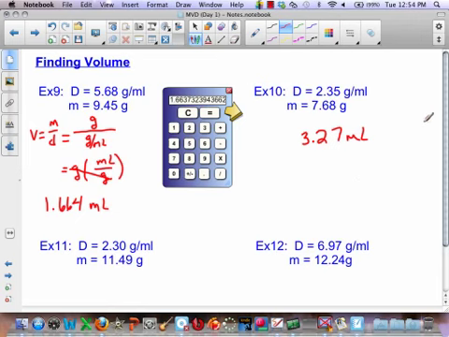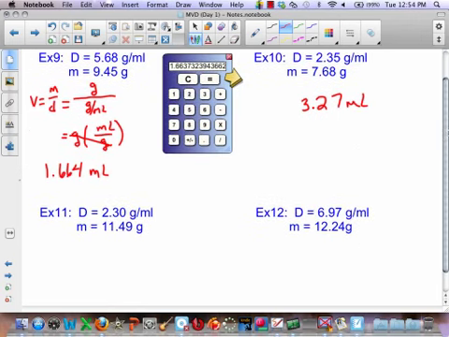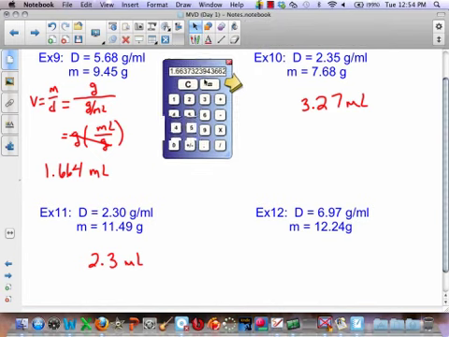Courtney. 2.3. 2.3? We agree? No. Mary says no, Ty says no. Guys, did we agree on number 10? Yeah. Close enough on number 10? All right.